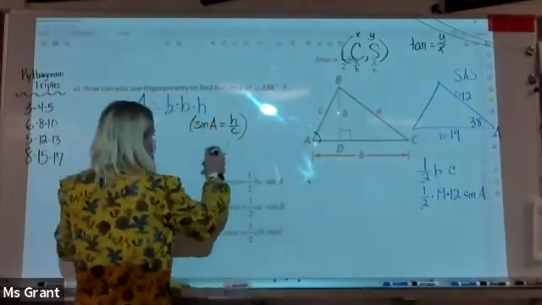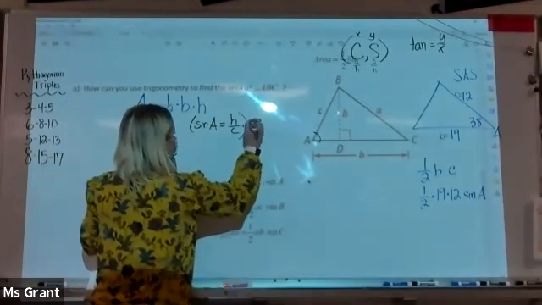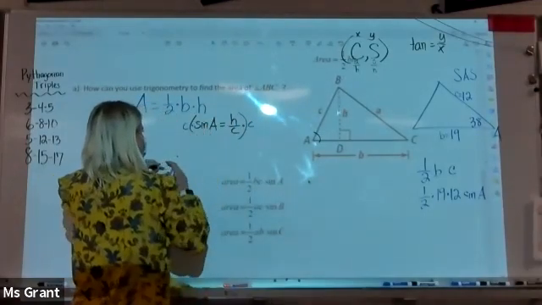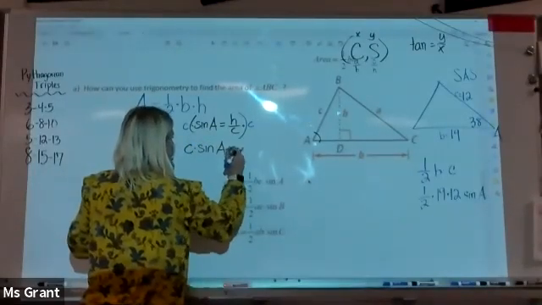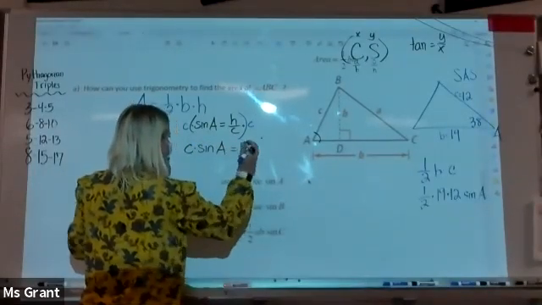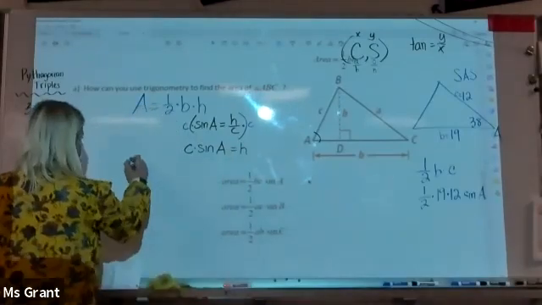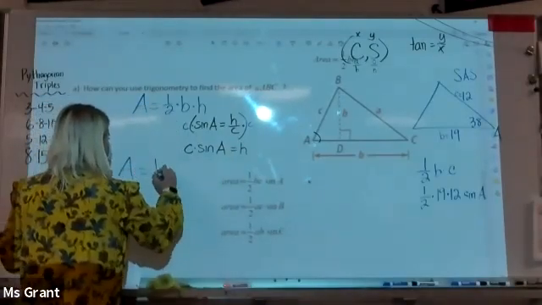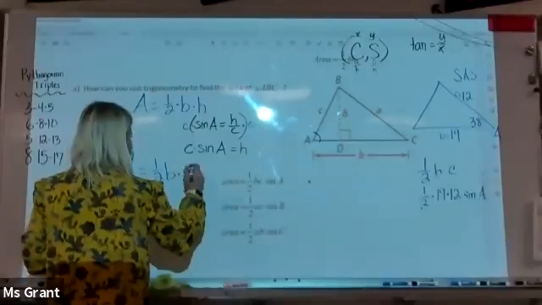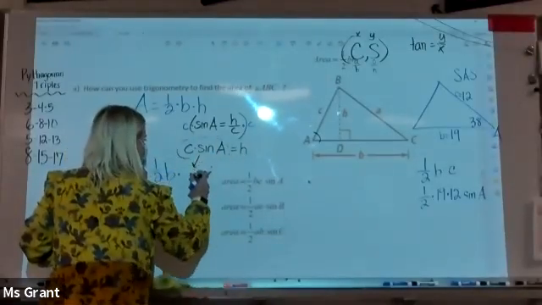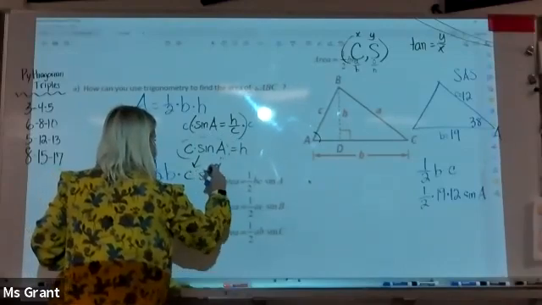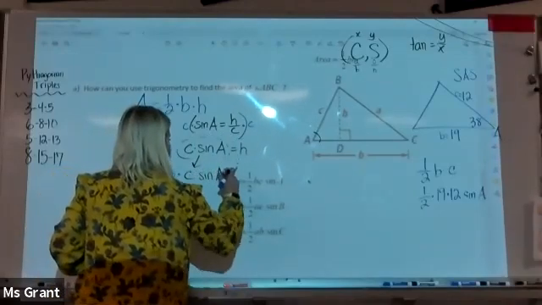So I'm going to work around and solve this for H. C times sine of angle A is H. So in my formula, 1/2 base times height, the height becomes C side times sine of angle A.